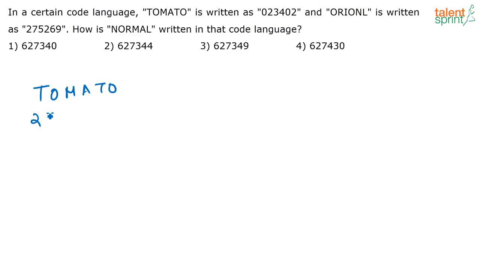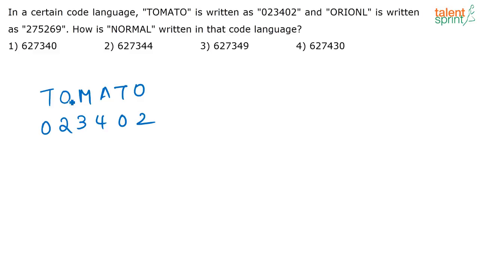Tomato is coded as 023402, correct? So O is coded as 2.